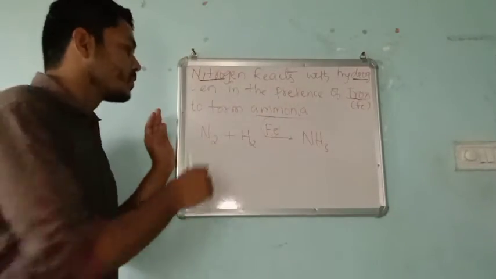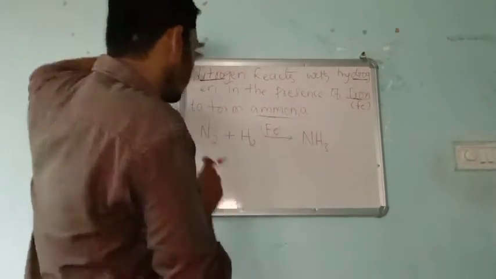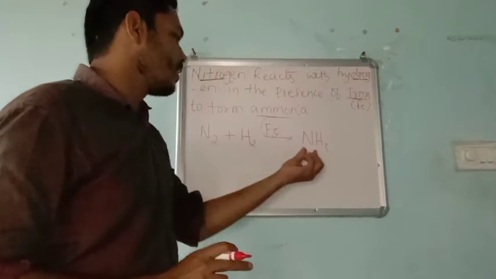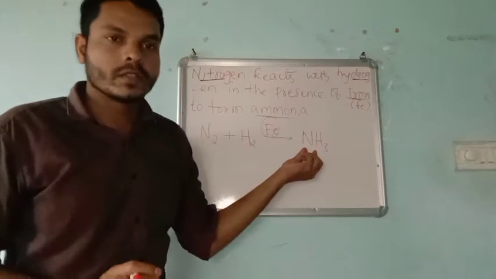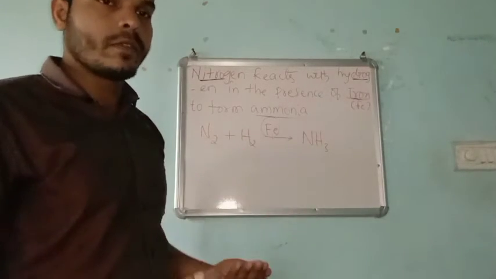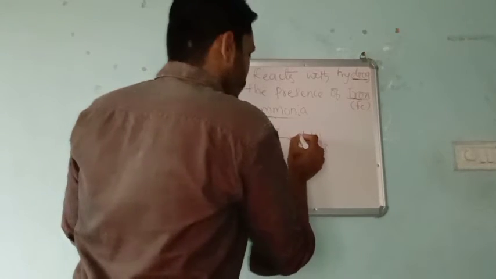For now, you just go general balancing. N2 is, here there are two N, but here only we have one N. So that's what I need to do. I will first balance the nitrogen.